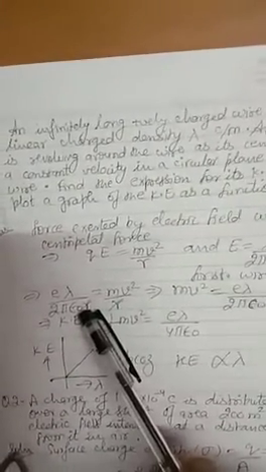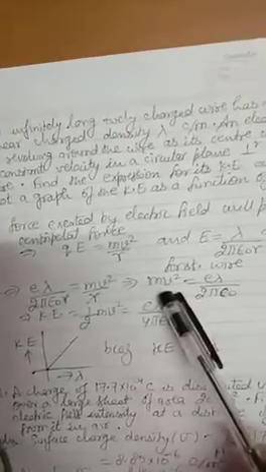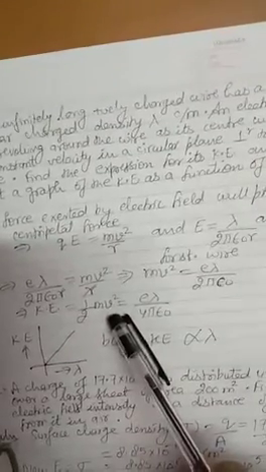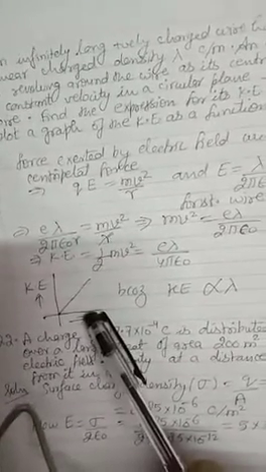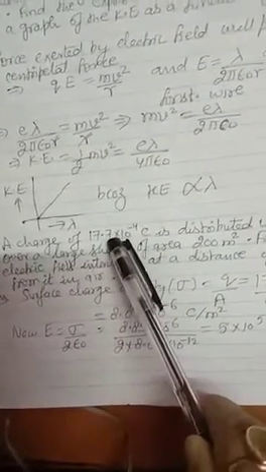With the charge magnitude e, e lambda upon 2 pi epsilon naught r equals mv square upon r. On solving, we get mv square as e lambda upon 2 pi epsilon naught. Now you know kinetic energy is half mv square, so we get e lambda upon 4 pi epsilon naught. Since kinetic energy is directly proportional to lambda, the graph between kinetic energy and lambda will be a straight line passing through the origin.